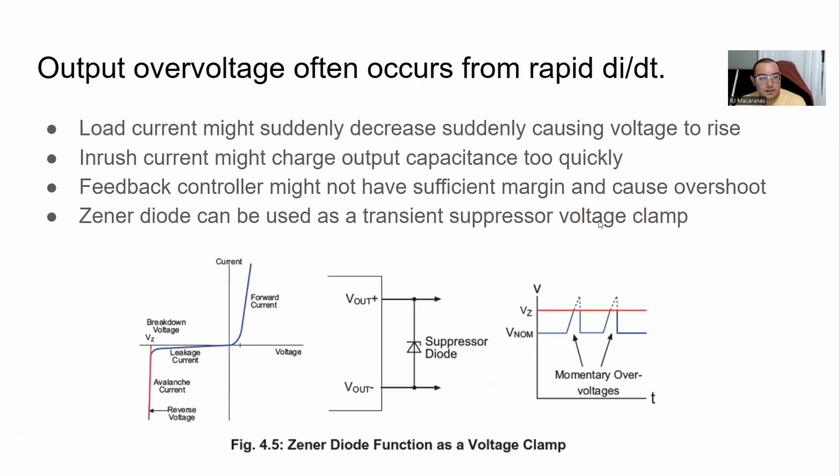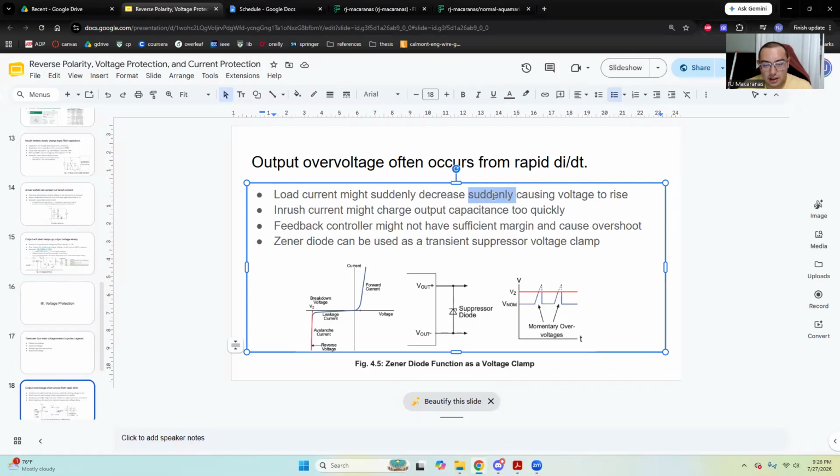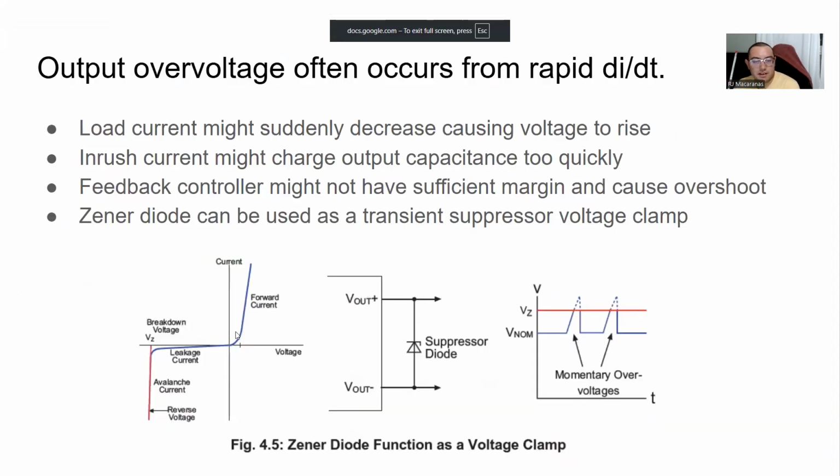So output overvoltage often occurs from really fast changes in current over time, right? This di/dt. So the load might suddenly decrease, which causes the voltage to rise.